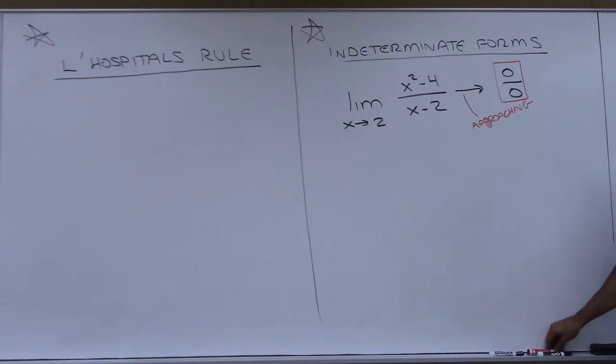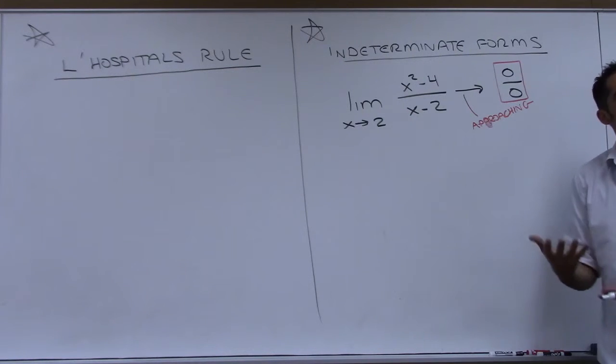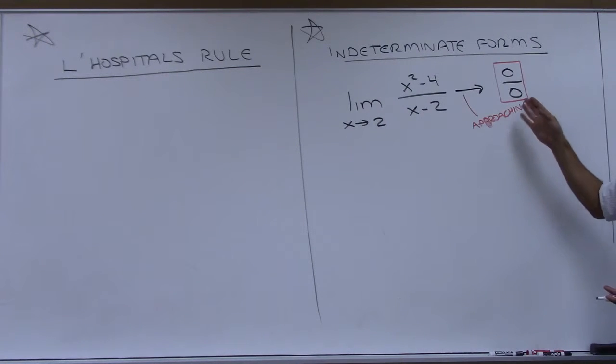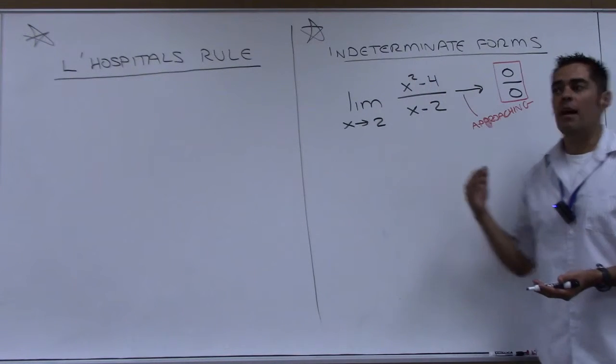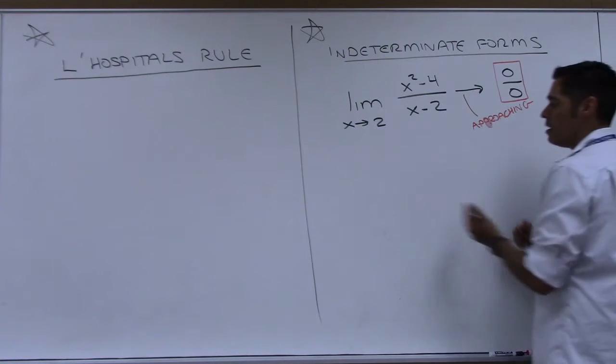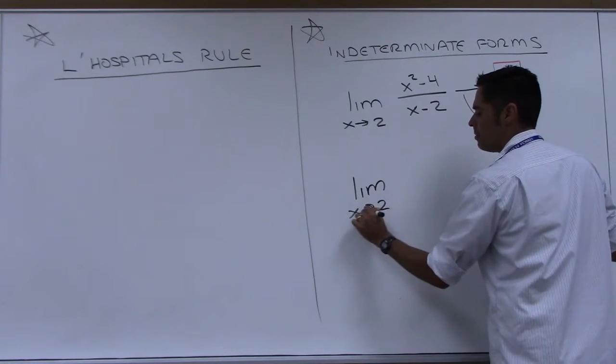It is a form of a ratio, in this case, that we can't determine what the answer is just by looking at 0 over 0. It's indeterminate. Now, if we were back a couple of months ago, whatever it was, how would we have handled this problem? We would do some sort of factoring, right?